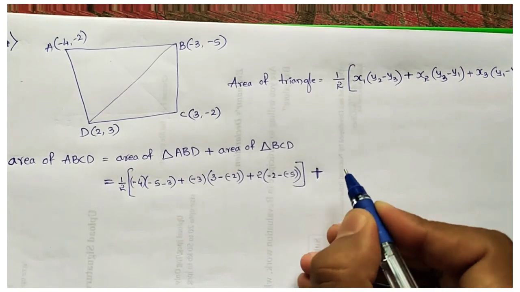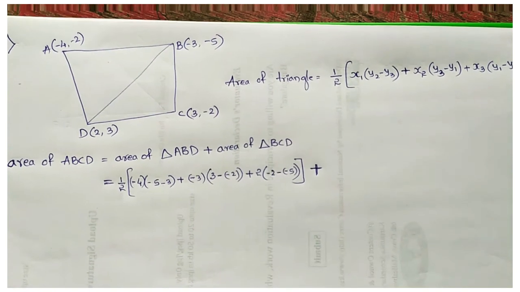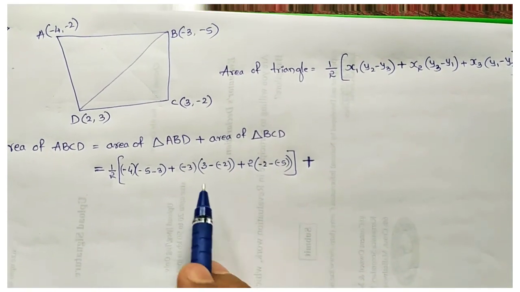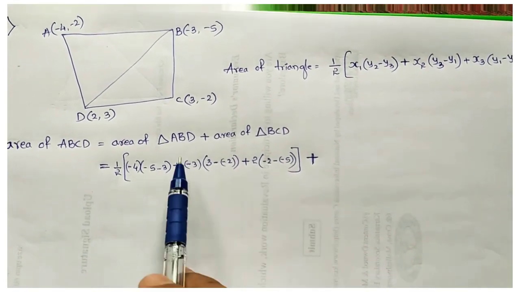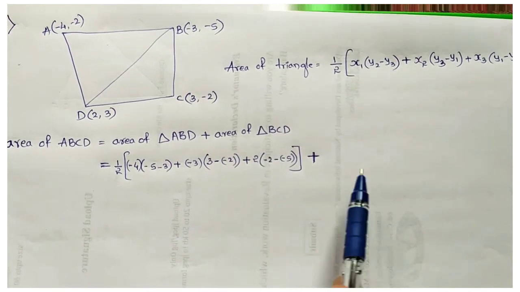Similarly, now taking the area of triangle BCD. Okay, you can do it separately also. Here in one equation only I am doing. You can do the ABD area and BCD area separately and afterwards add them.